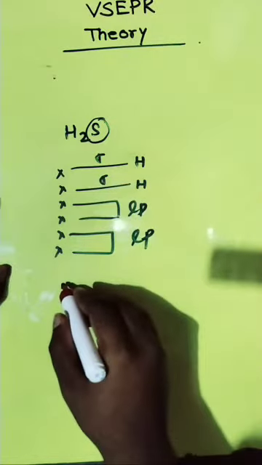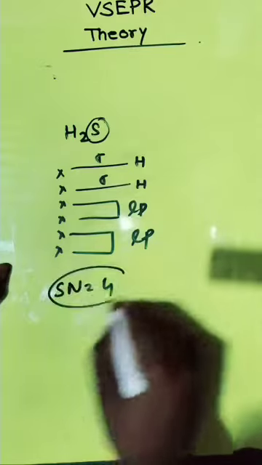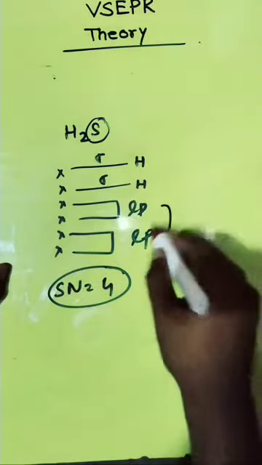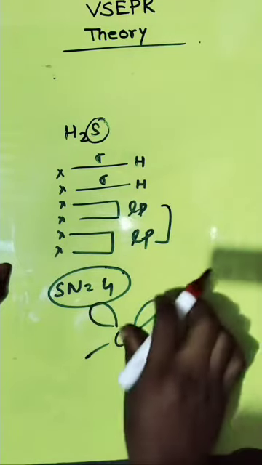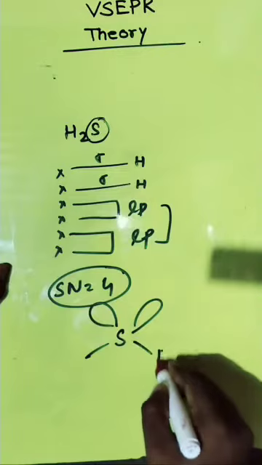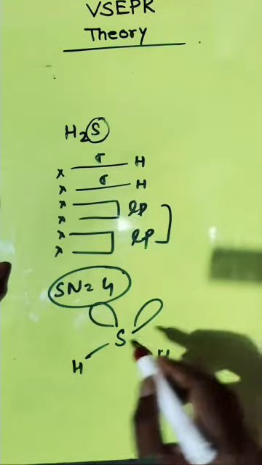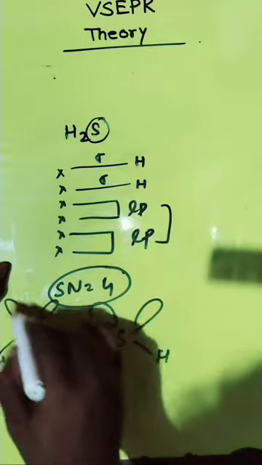That's why it also has steric number 4 and a tetrahedral structure, but due to the lone pairs it shows a structure similar to water, that is V shape.